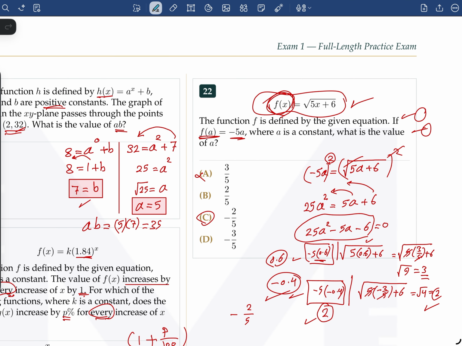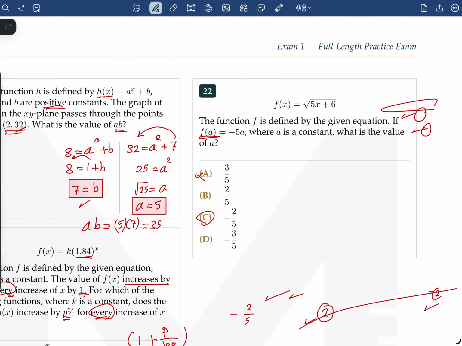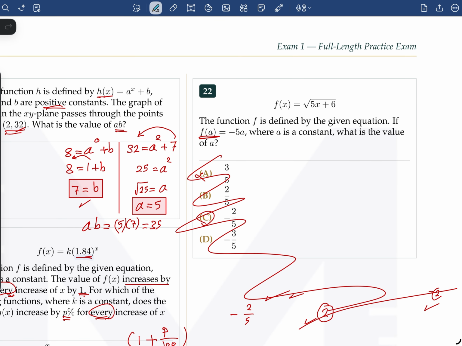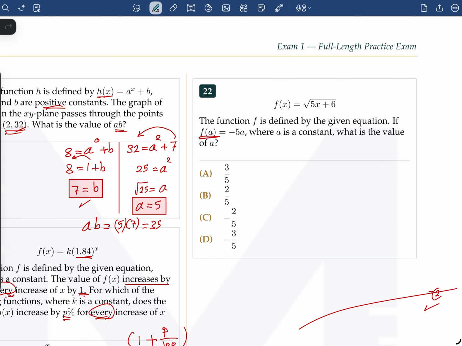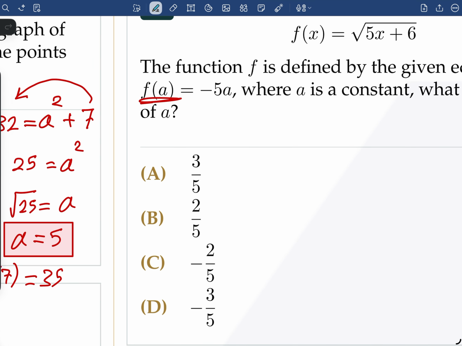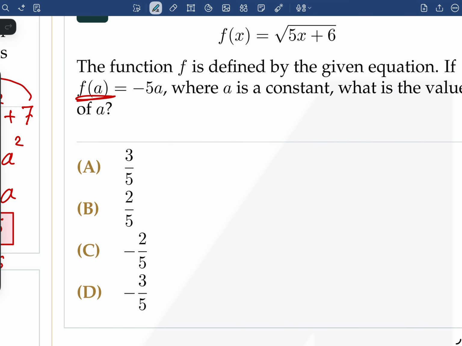Another way of answering this question is to solve back from the options. I mean, if you want to check letter A, for example, replace x by a, by 3 over 5. So the square root of 5 times 3 over 5 plus 6. Now the square root of 9. Square root of 9 is equal to 3.